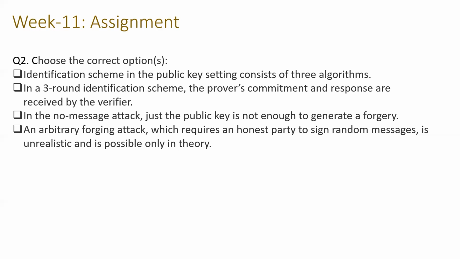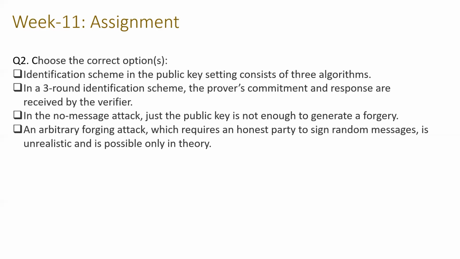The second option says in a 3-round identification scheme, the prover's commitment and response are received by the verifier. This is also true. What we mean by a 3-round identification scheme is that we have 3 rounds: first commit, then challenge, and then response.